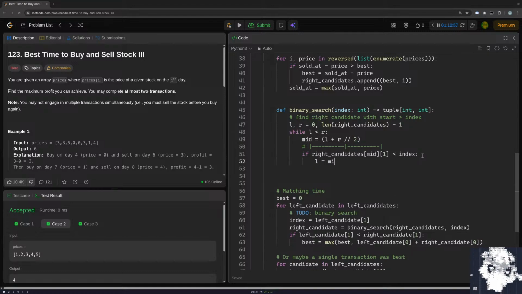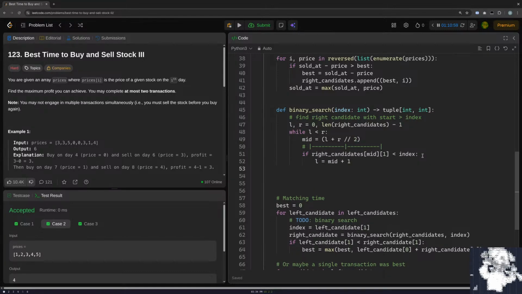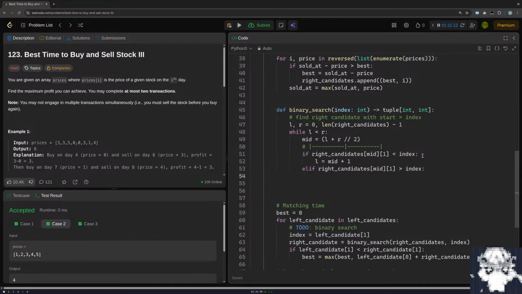So L equals mid plus 1. Elif, the thing I found is greater.